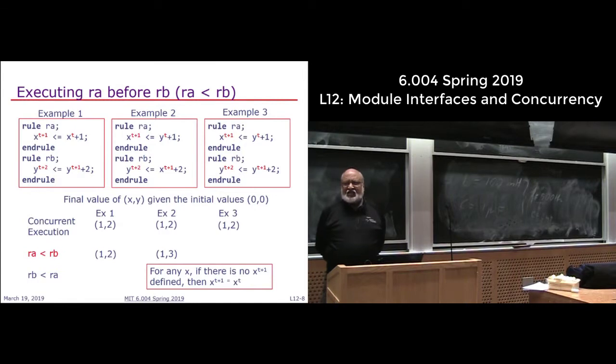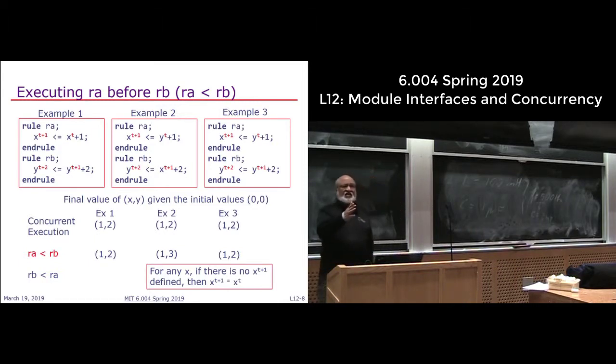And what happens in the last case? Okay, in the last case, I will get x to be 1 and y to be 2. So just looking at these numbers, what does this tell you? Well, so far so good. The concurrent execution in the first case produced the same answer as if you executed RA before RB.